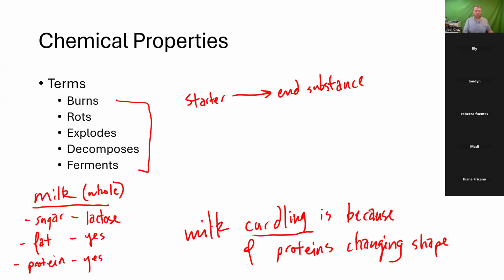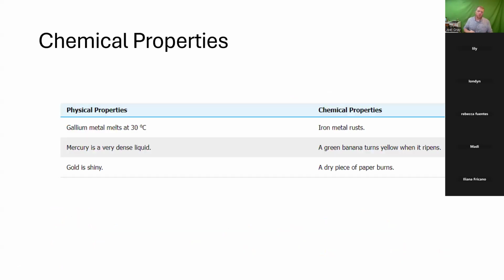So if you ever look at cottage cheese and you're like, ooh, that's disgusting. Well, kind of, but it's also kind of not. Because it is a chemical change that has taken place to this milk to basically change its state a little bit.